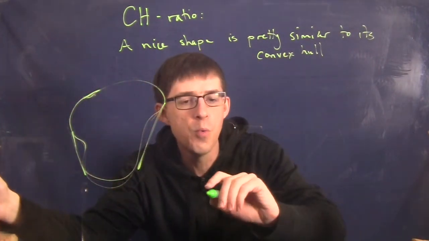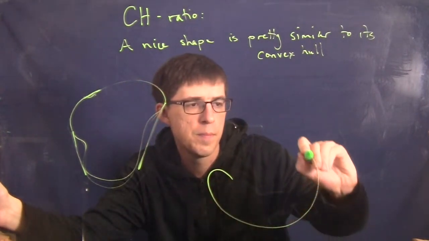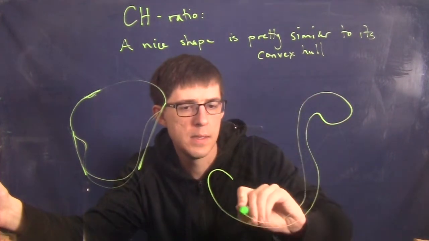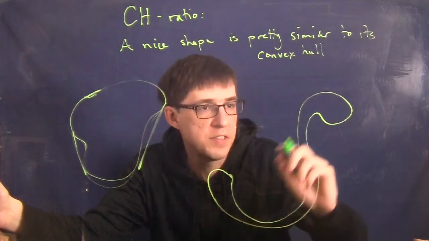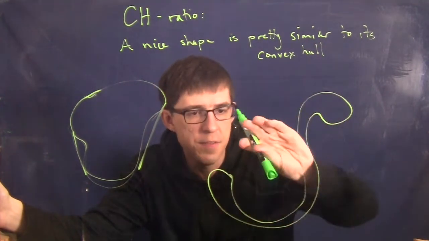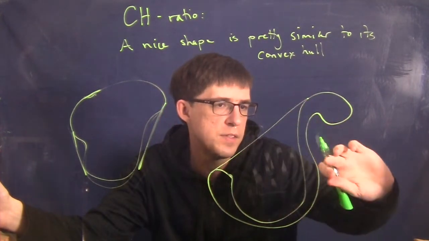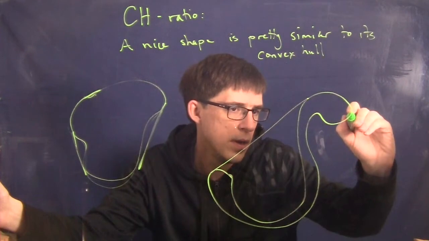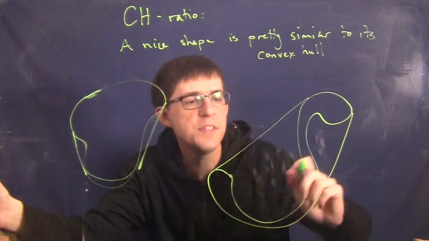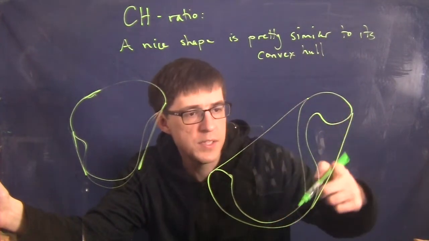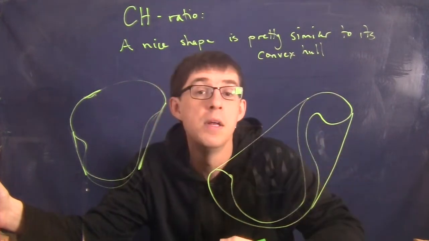Versus some kind of weird wormy shape, say that. This shape is very different from its convex hull. For instance, for the convex hull of this shape, I have to fill in this entire region here with a straight line, say like that, and then I also have this thing here which needs to be filled in. And I suppose it has to go all the way down to there, right? Now the convex hull contains all of this stuff, and the convex hull, in this case, is much bigger than the original shape.